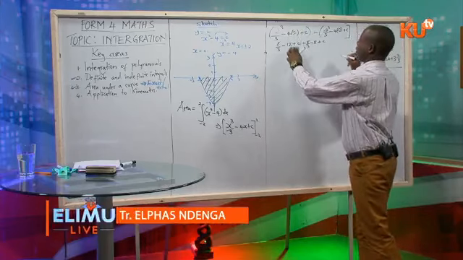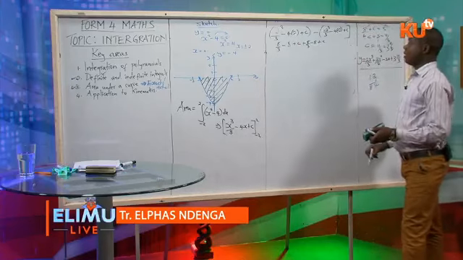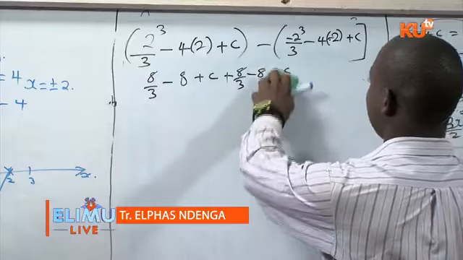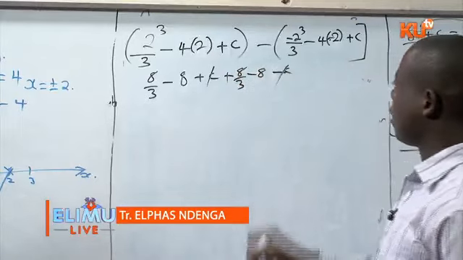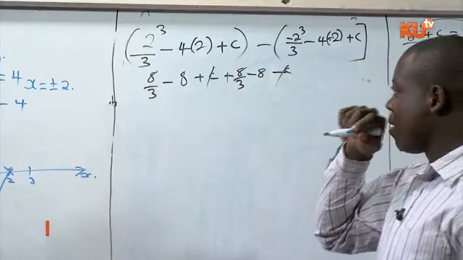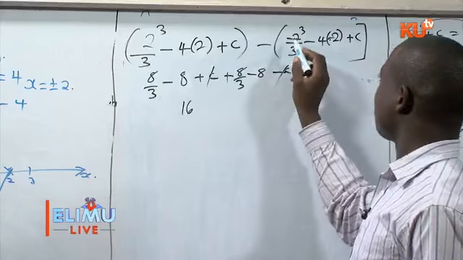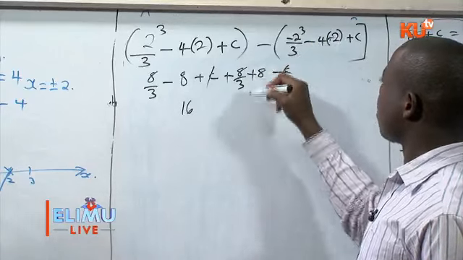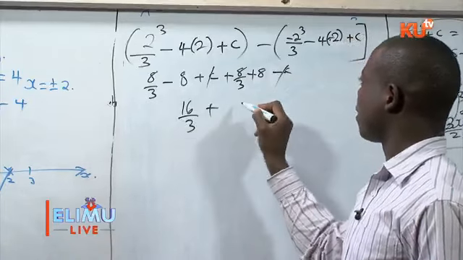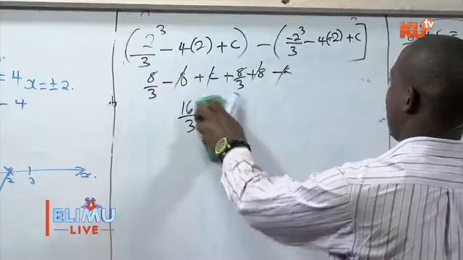So we have 2 times 4, that is 8, plus c, then plus 8 over 3 minus 8 plus c. This is negative, so now the negative and the positive cancel out. Then we have 8 over 3 plus 8 over 3, that is 16 over 3, plus, this cancels out, so we have plus 0.